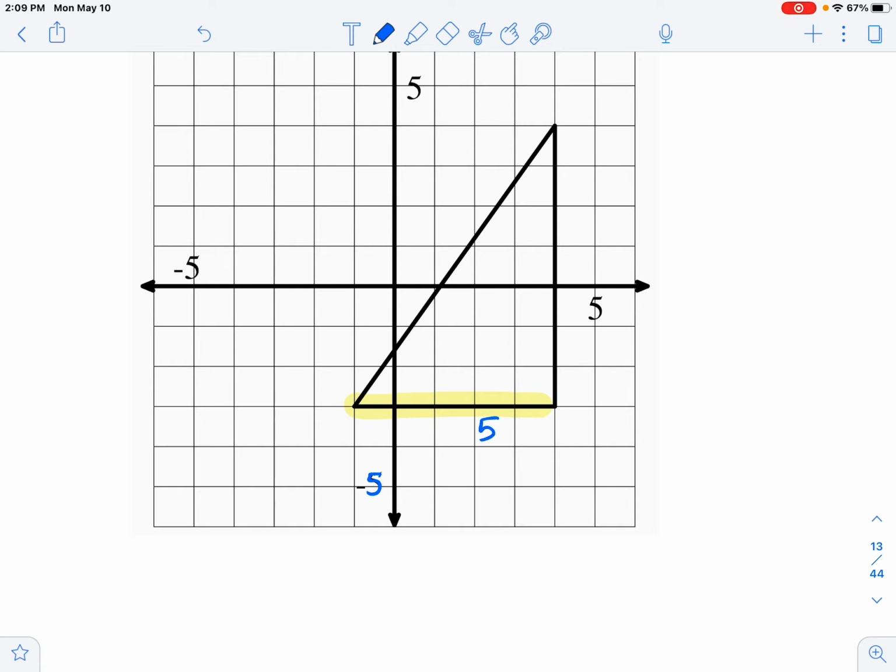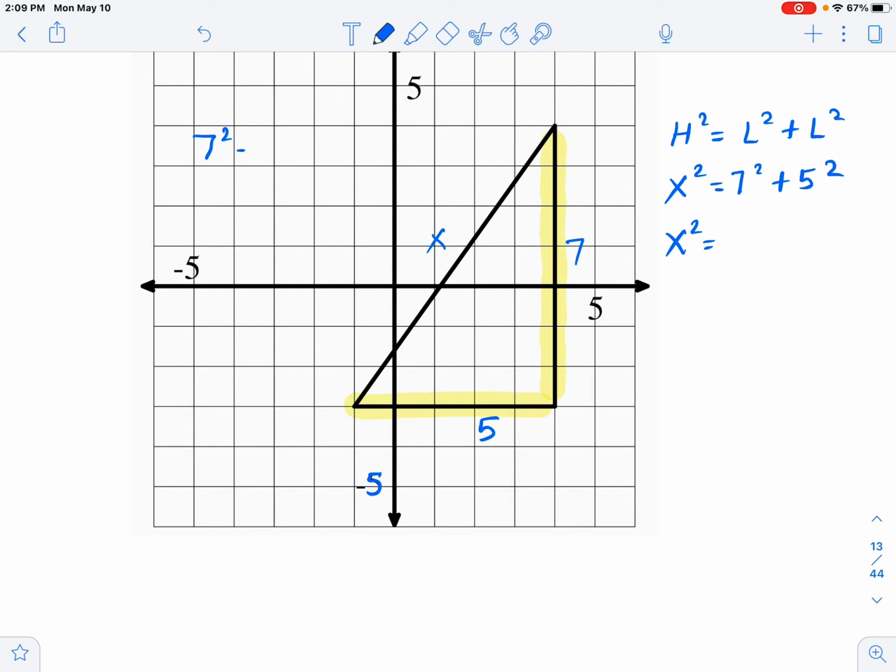And the other side, 1 2 3 4 5 6 7, that's 7 units long, and I can assume the hypotenuse to be x. Same way, hypotenuse squared is equal to leg squared plus leg squared. These are the two legs. So x squared is 7 squared plus 5 squared.